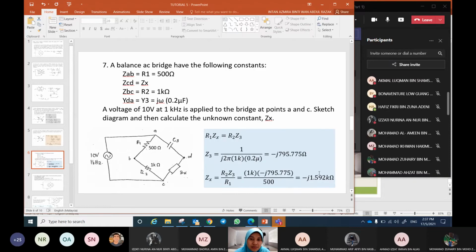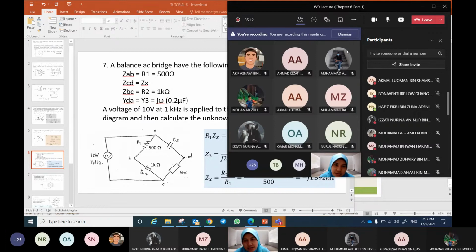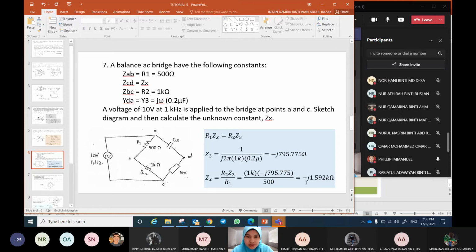If you look at this number, Zx actually consists of R, L, or C, or combination of? There is R, there is L because of the j.